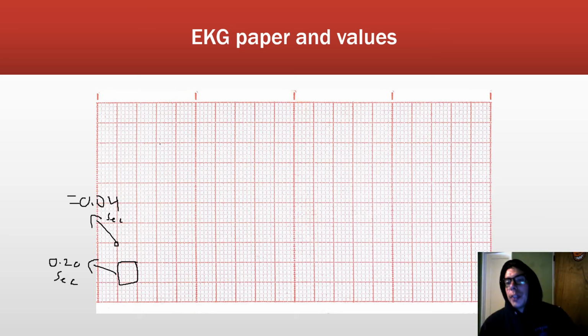So 0.20 seconds, and then up and down is just voltage basically. So we refer to it as millivolts, or sometimes it'll just be a measurement, like a distance wise.